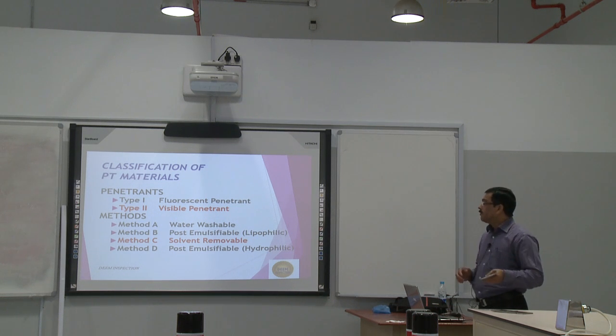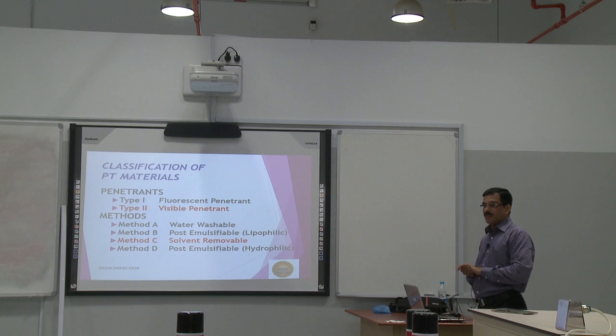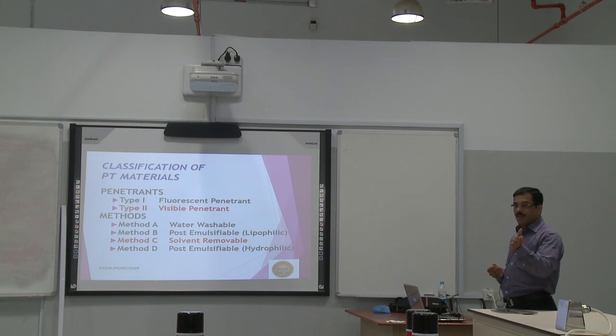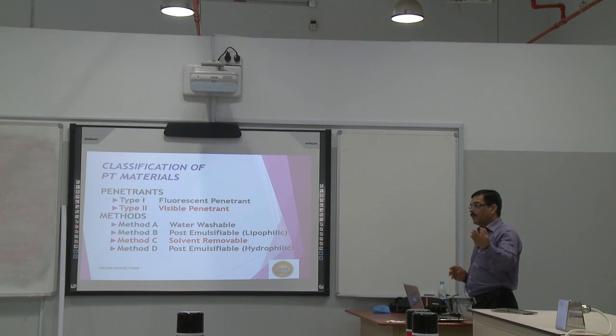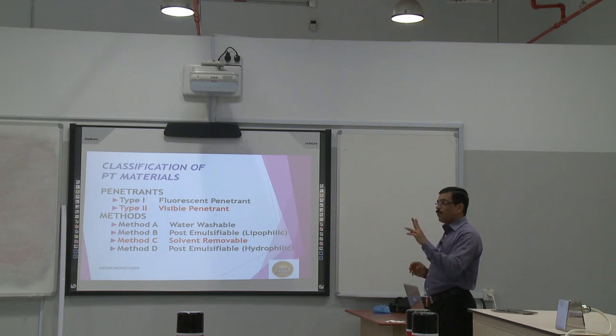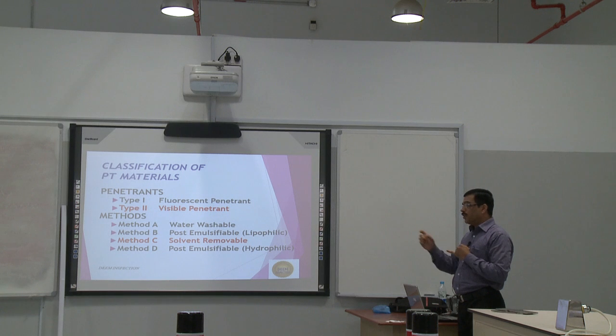Another thing is the classification of penetrants. We have two types of penetrant. Like yesterday in magnetic particle testing there were two types, fluorescent and visible, in penetrant testing also we have type 1 and type 2. Type 1 is fluorescent penetrant, which we use with the aid of a fluorescent lamp, a UV lamp.